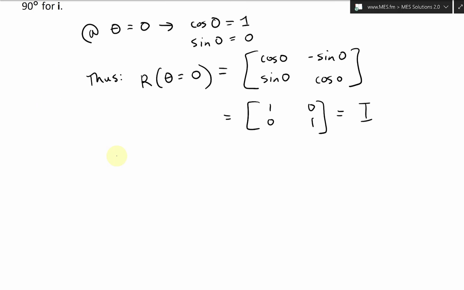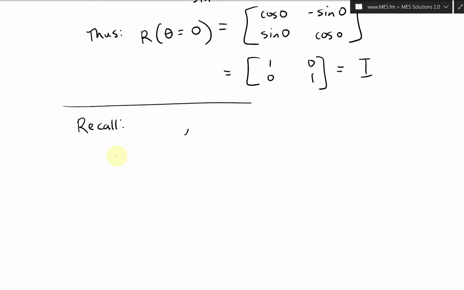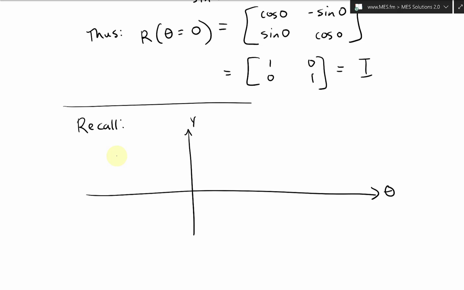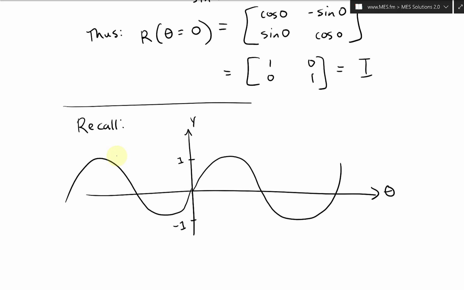And now just a quick recap. Recall trig functions, or how they look. If this is the angle theta, this is y, and this is our sine. So sine looks like that, where this height is 1, this is negative 1 here, and this is 0 at the origin. So that's for sine theta.